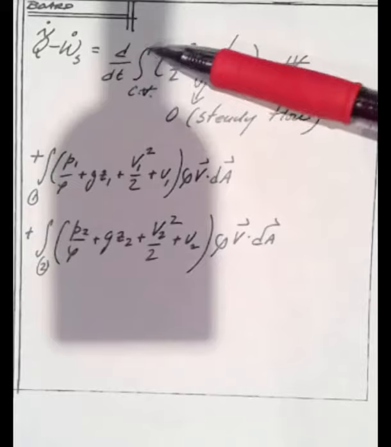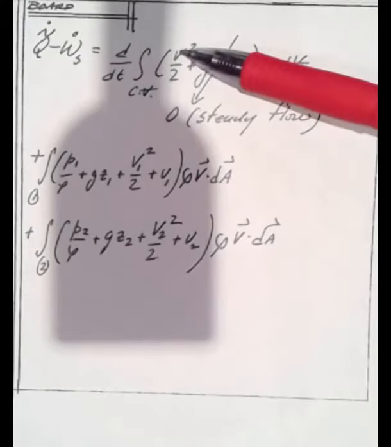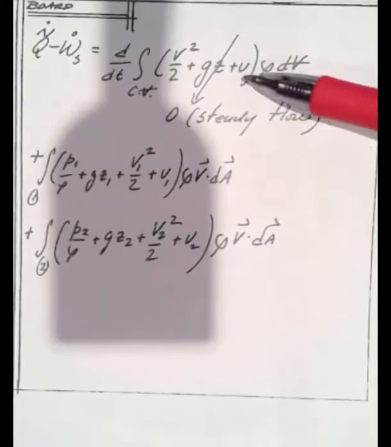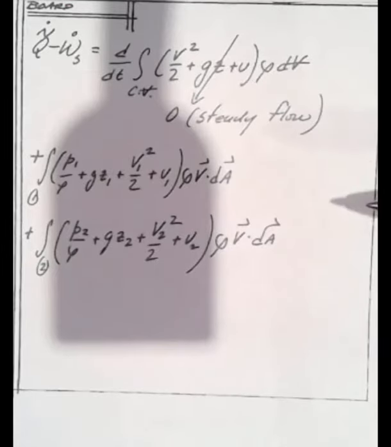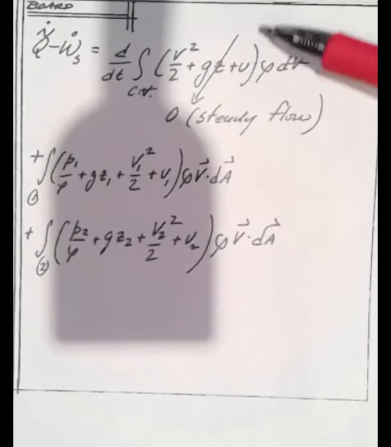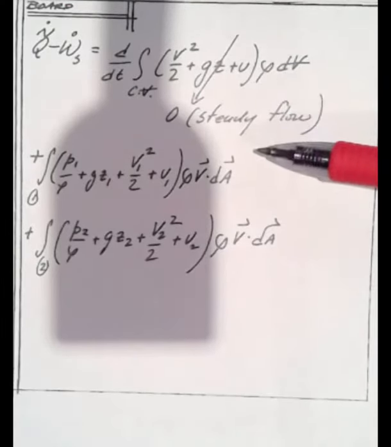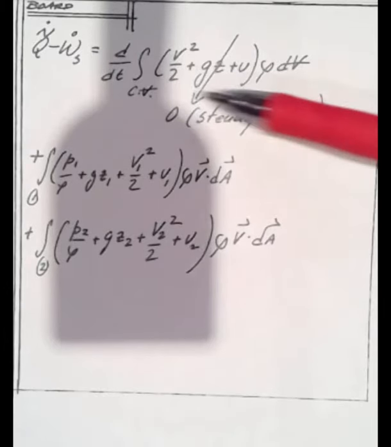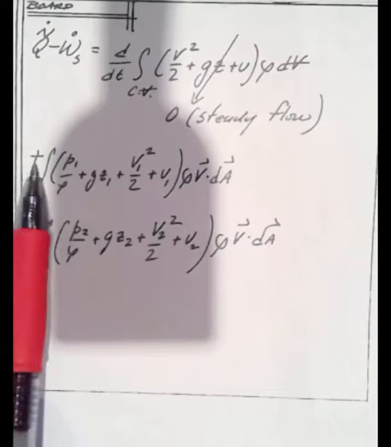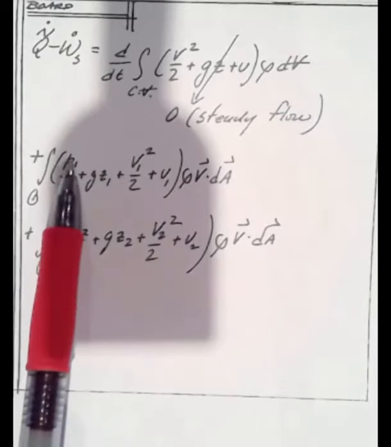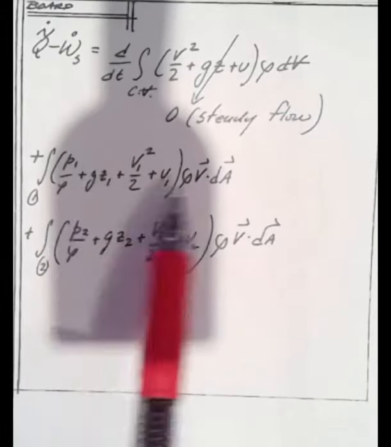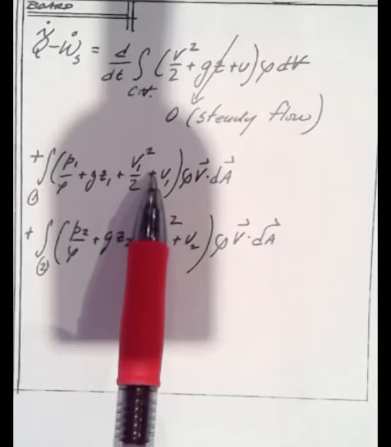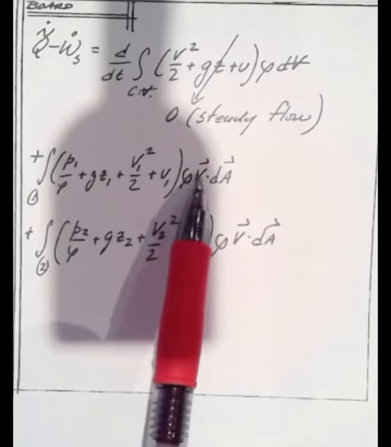D by dt, integral of the control volume, V squared over 2 plus gz plus u, rho dV, and this whole term, because it's steady flow, is 0, plus at section 1 we have p1 over rho plus gz1 plus V1 squared over 2 plus u1, rho V dot dA.